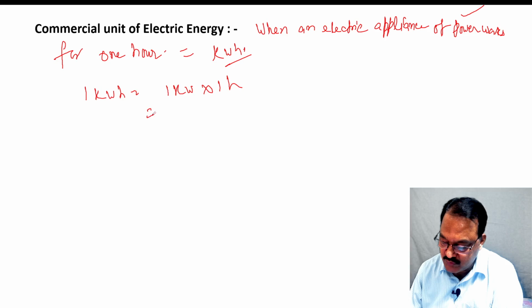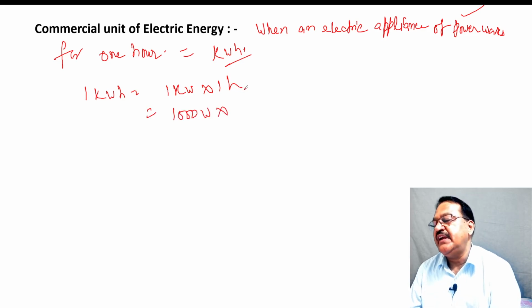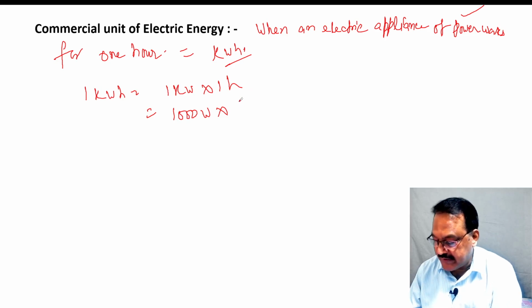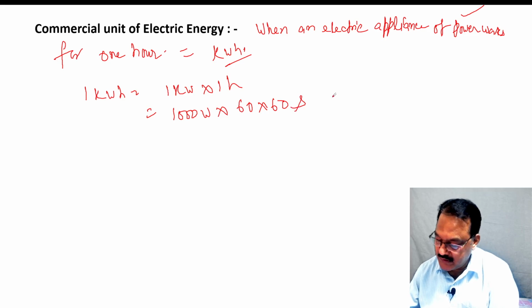1 kilowatt means 1000 watt. And 1 hour is to be converted into seconds, because we have to calculate this watt in terms of joule per second. So 1 hour means 60 minutes into 60 seconds. We have converted this into seconds, right?